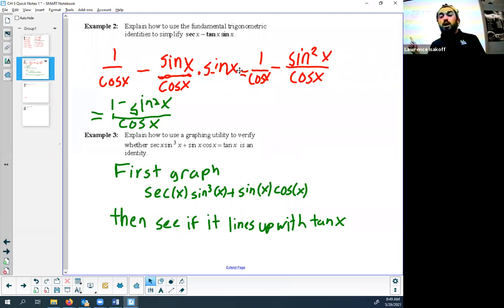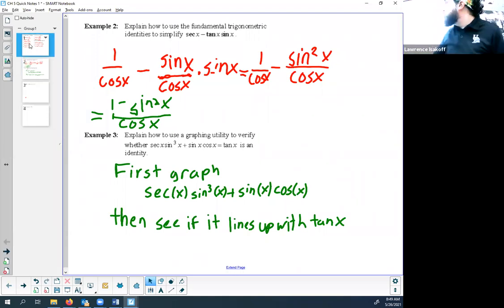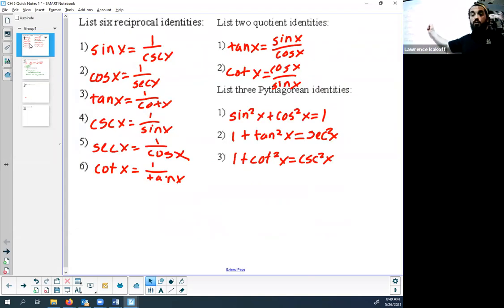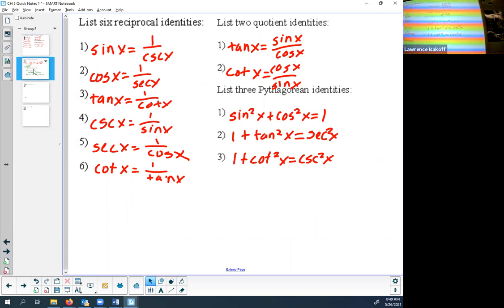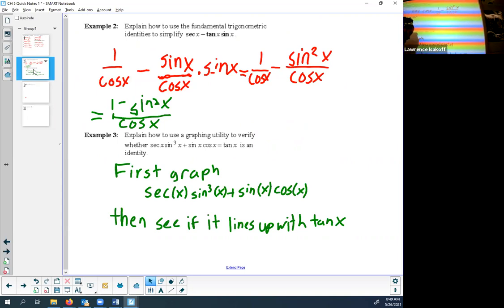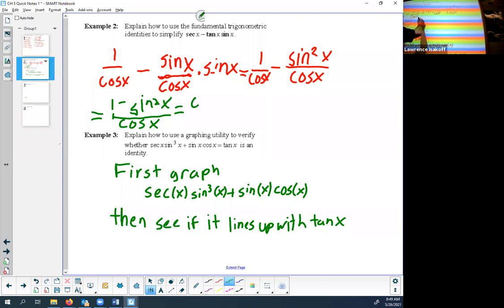1 and sine squared, that's one of our Pythagoreans. It's not how it's formally written out. It's formally written out as sine squared plus cosine squared equals 1. However, if I subtracted sine squared, I know cosine squared is actually equal to 1 minus sine squared.